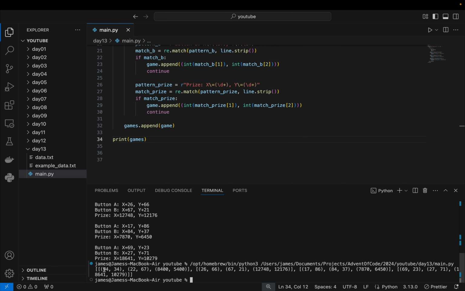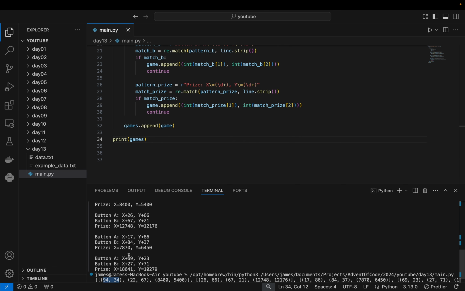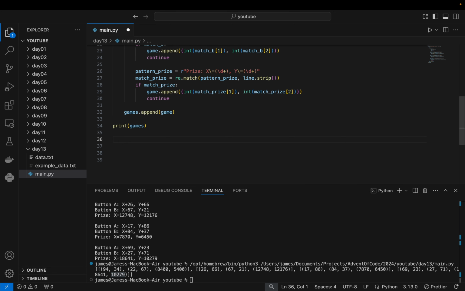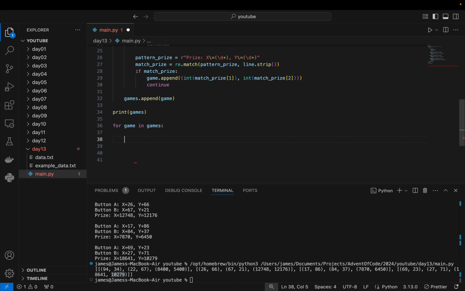So if I was to print the games, you can see here there's the A values. Oh, if I go for this bottom one, here are the A values there, the B values, and then X and Y there. That's the X value, that's the Y value. Okay, and then to the main part of this, we're going to say for game in the games, we're going to extract all these things that we've just got.